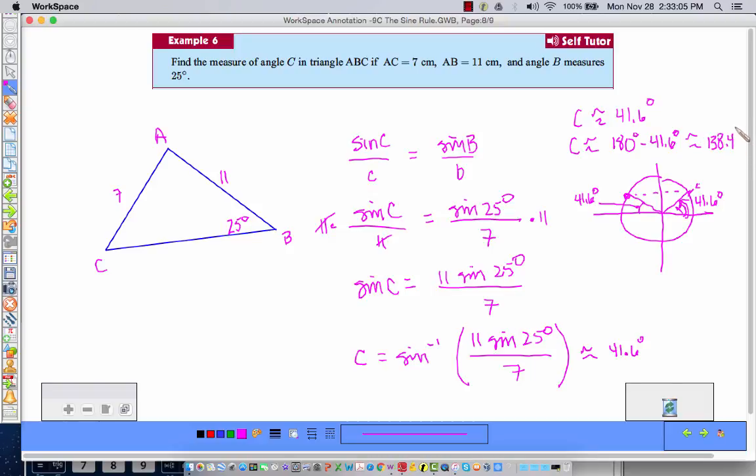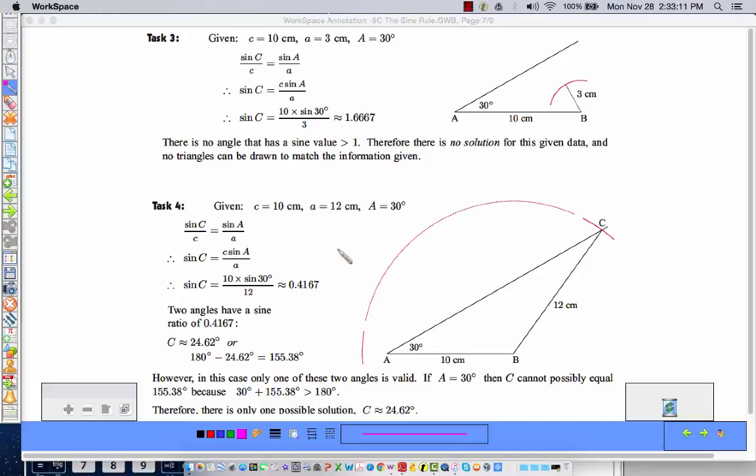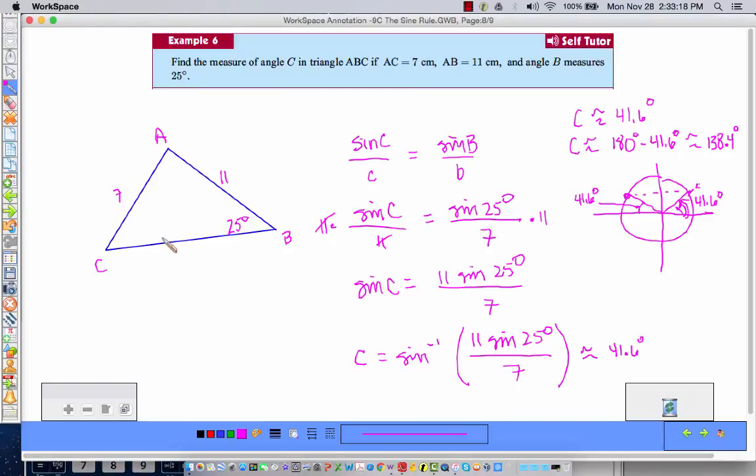Okay, but we still need to check, because it could be that we're in the situation where it really is only one solution. Well, how do we do that? All we have to do is take our obtuse angle and add it to the given angle. So 138.4 degrees plus 25 degrees. And all we have to make sure is that it's less than 180 degrees. Why?